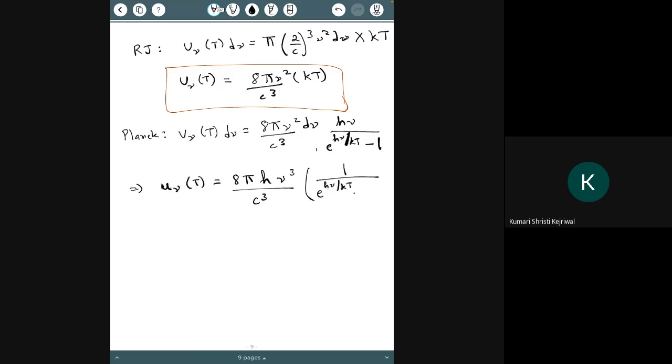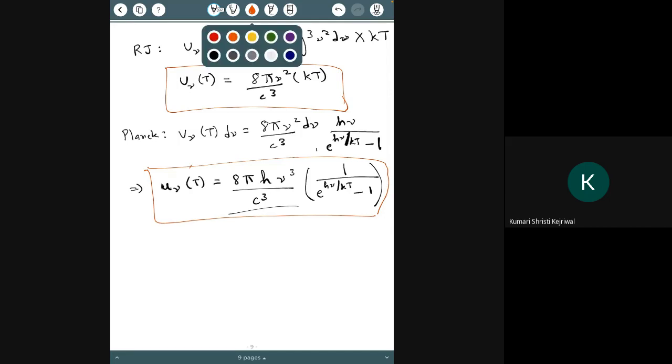So this exponential factor that is multiplied to this quantity makes all the difference for Planck. So what is happening? Let's see. What was our ultraviolet catastrophe? Our ultraviolet catastrophe was because we had just a proportionality with nu square, which means that for high frequencies, the energy density became really high.